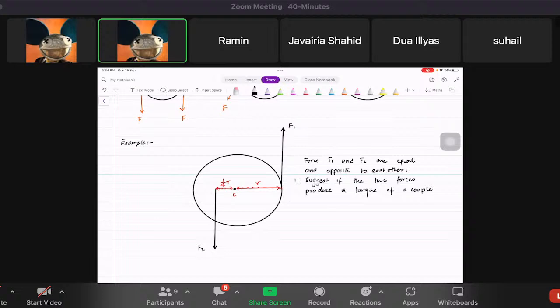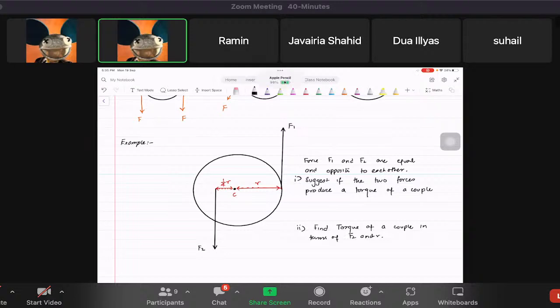And number two, they say, find the torque of a couple in terms of F2 and R.